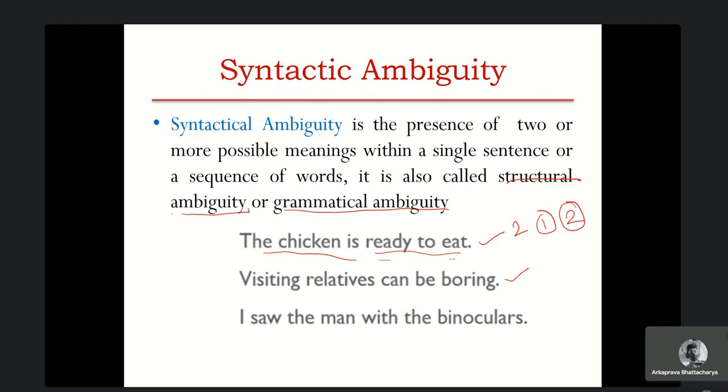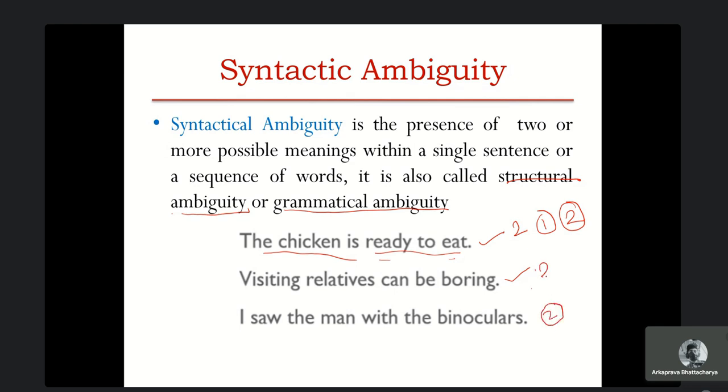If you look into the second one, visiting relatives can be boring: is it me visiting relatives that is boring, or them visiting me? So I can interpret two different forms out of this sentence. If you look into the third one, I saw the man with the binocular: either the man saw me with the binocular, or I saw the man with the binocular. So there are two interpretations.